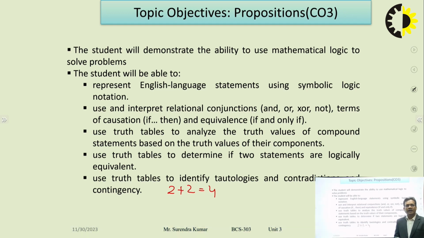Next, you will use truth tables to analyze the truth value of compound statements based on some values, to determine if two statements are logically equivalent or not, and to identify tautology, contradiction, or contingency.